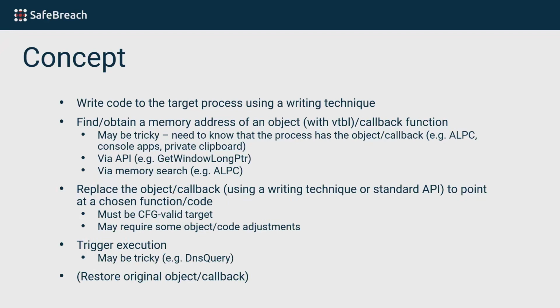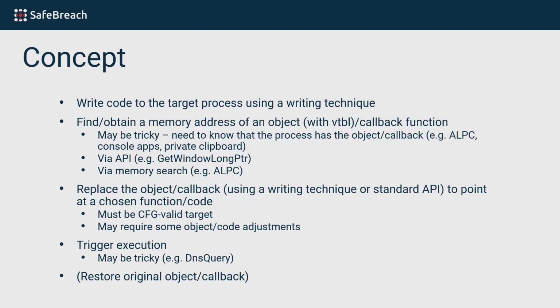For example, whether the process uses ALPC or not, whether the process is a console application or not, whether the process has a private clipboard or not. It's not a very generic approach, is what I'm saying. This finding or obtaining can be done either via a standard Windows API like GetWindowLongPtr or via a memory search, which is the case for ALPC, the ALPC attack.